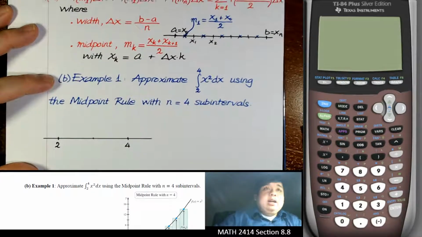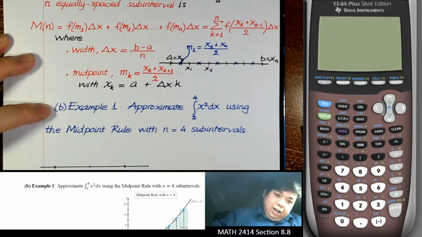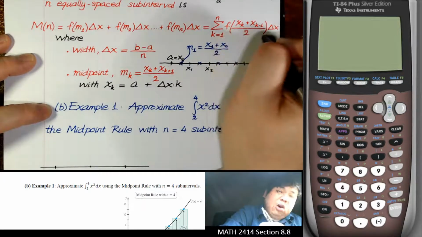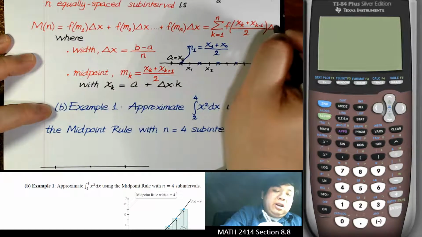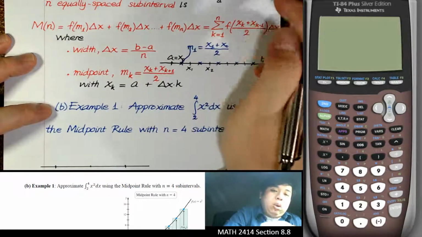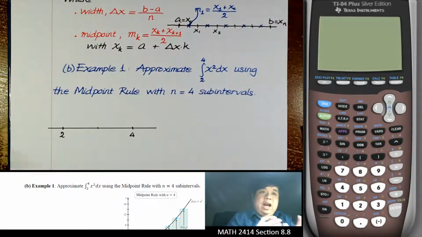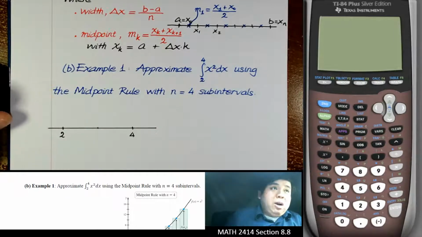Oh, by the way, we evaluate the values of the function as the height, and delta x is the width. The height times the width gives us a rectangle, and adding all of them up, we have an approximation of the area.